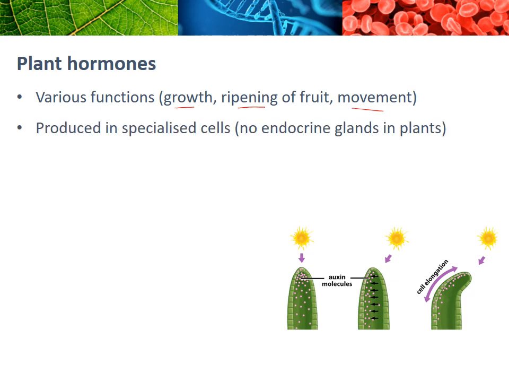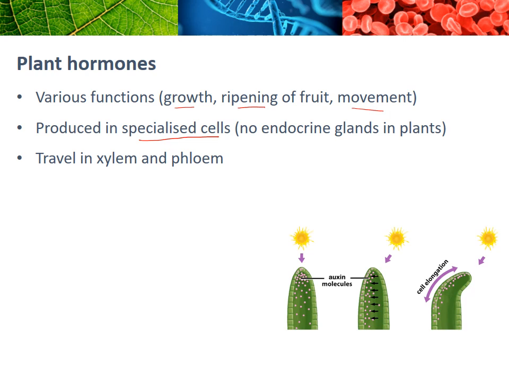A big difference between animals and plants is that plants don't have an endocrine system or endocrine glands. So plant hormones are just produced in specialized cells. So all plant cells have the ability to produce hormones, and certain cells will produce certain plant hormones.